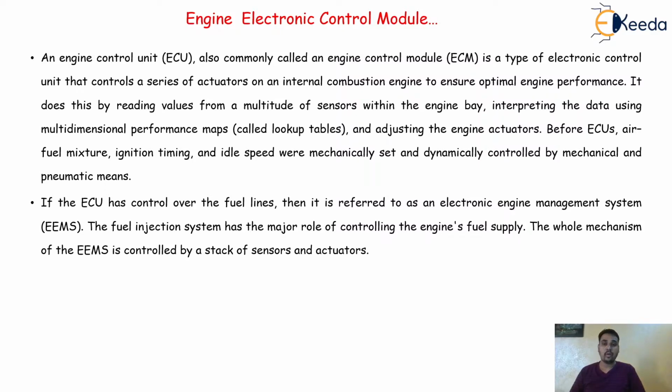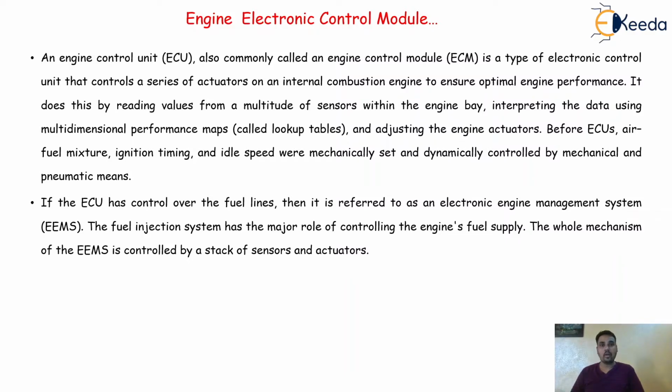We came to know how important it is in modern-day automobiles. In electronic control, there is a very important device, called the brain of the total electronic management system, and that is the electronic control module.